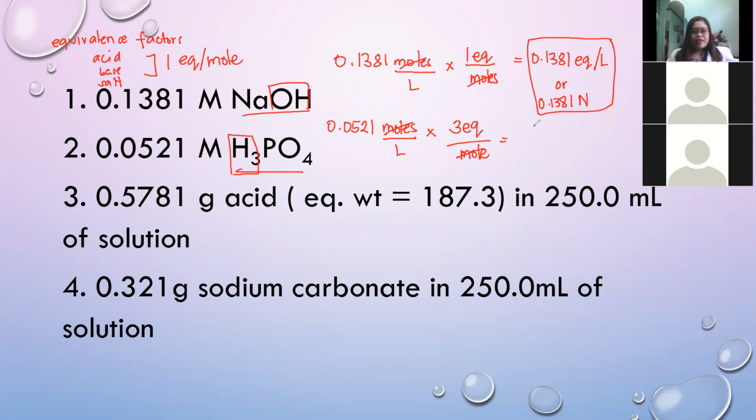Let's multiply this. 0.0521 times 3 is 0.1563. Take note of the unit, equivalent per liter, so this is 0.1563 capital letter N. So actually, it's easy to convert molarity to normality.